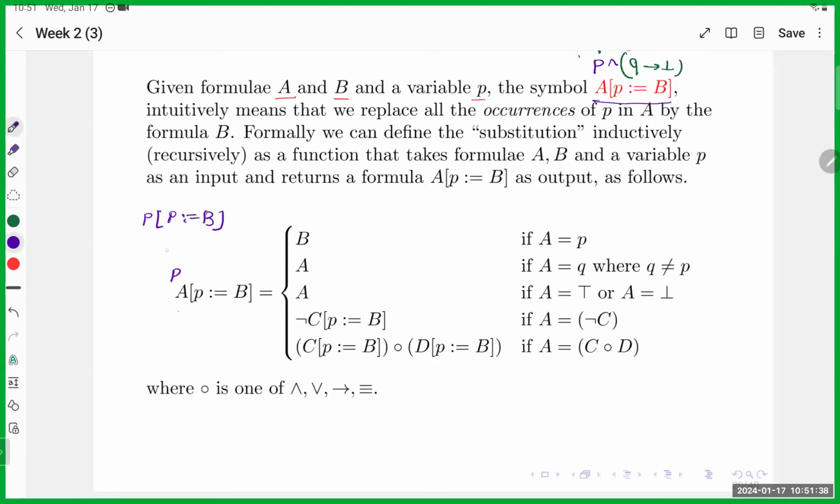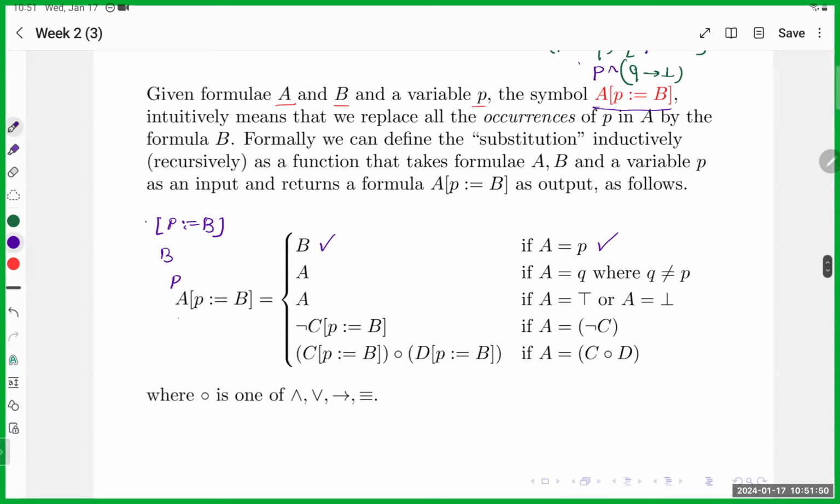You get B. So if A is P, what you get is B. Now, suppose A is any other variable, Q, R, S, whatever, other than P. In Q, you substitute P with B. What do you get?